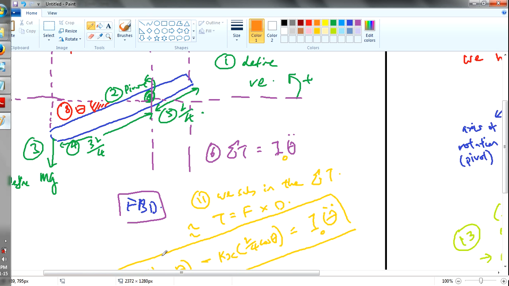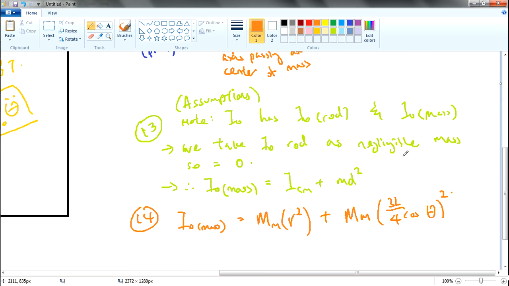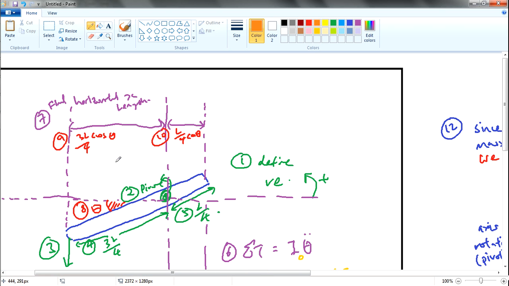And then plus mass times d squared, where d is some distance, 3r/4. So we are talking about this distance, from this point to this point, because the mass is over here, we have to bring this pivot to this portion.